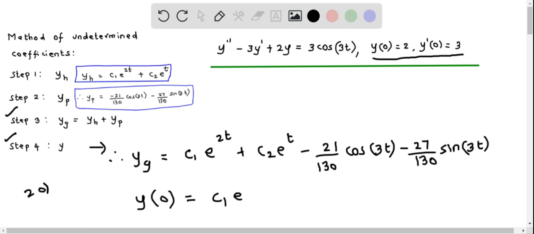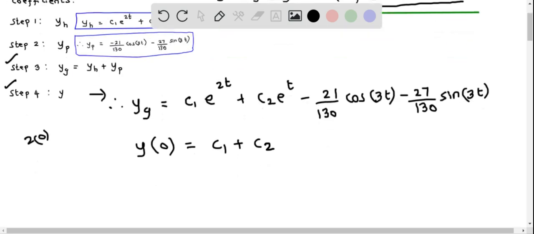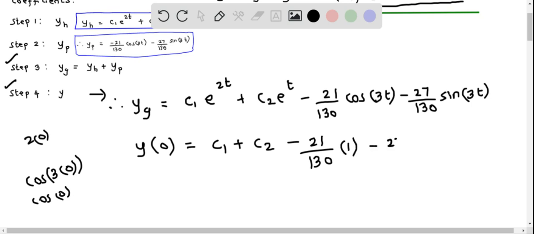So 2 times 0 is 0, so it becomes e to the power 0, and this in fact is 1, so I'm just going to put only 1 here, plus c2 e raised to the power of 0 is once again 1, so I just put c2, minus 21 by 130 cosine of 3t, that is cosine of 3 times 0. So it becomes cosine of 0, and this equals 1. So I can put 1 here, minus 27 by 130 sine of 3t.